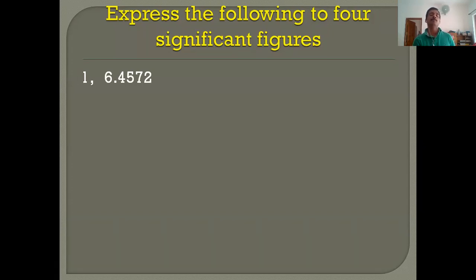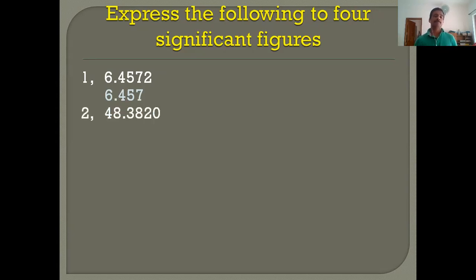So we have to remove the rightmost number, that is 2. Since it is less than 5, we can round it off as 6.457. Because the rightmost digit is less than 5, the preceding number has not changed.